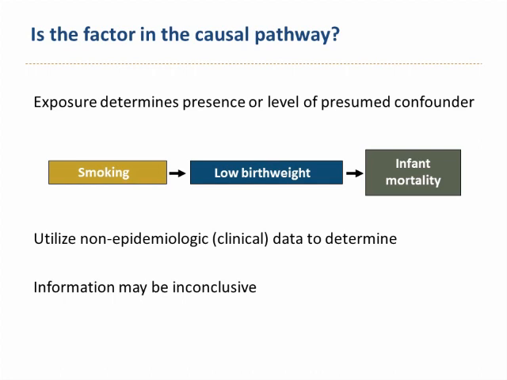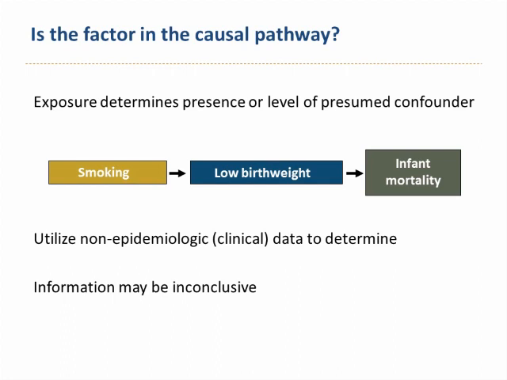Unfortunately, information may be inconclusive. It may not be possible to definitively determine whether a factor is on the causal pathway or is in fact a confounder. In this case, it may be necessary to consider both the association between the factor of interest and the outcome with and without the potential confounder considered in our adjustment.